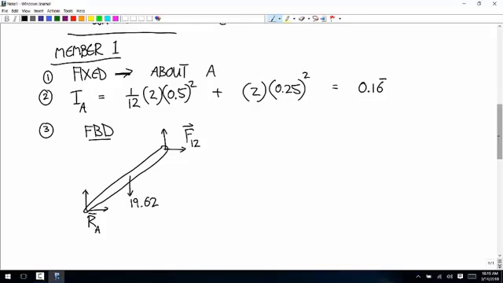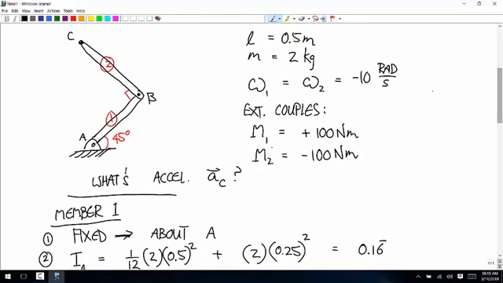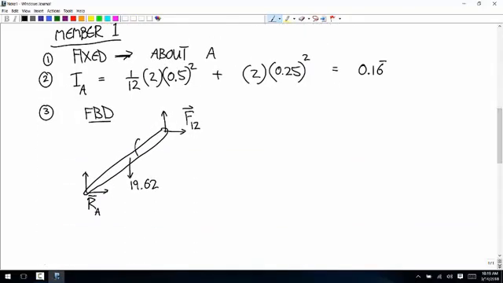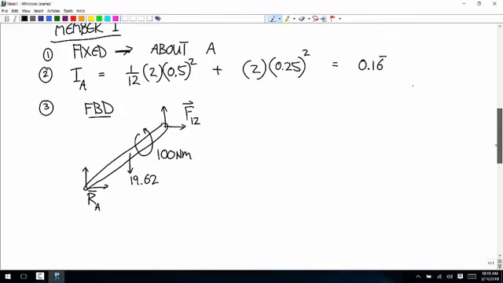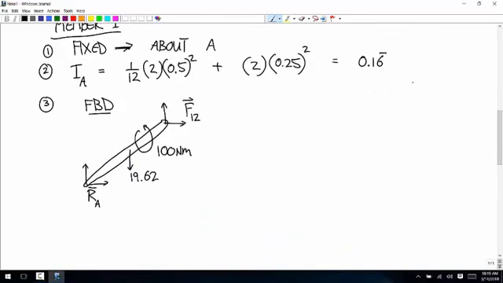And then we have the external couple on 1. That's a counterclockwise couple, so 100 Newton meters. And that's everything. Our about point is here. Rho, force, moment.